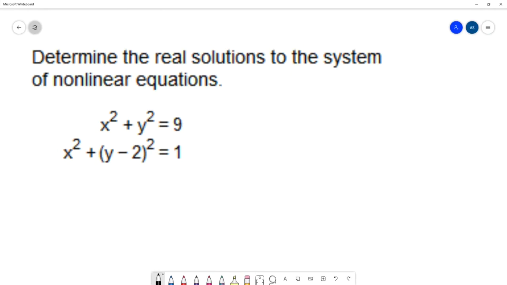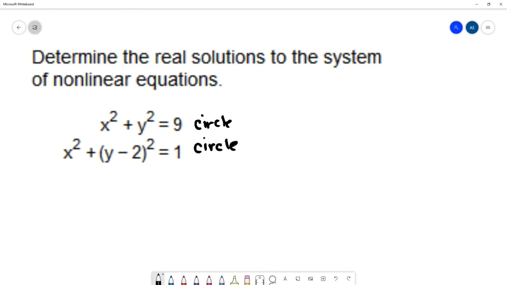In this example, the first equation is a circle, and the second equation is a circle. Because they're both circles, it's a lot easier to draw the graph, get a pretty accurate sketch, and maybe even figure out the solution quickly.